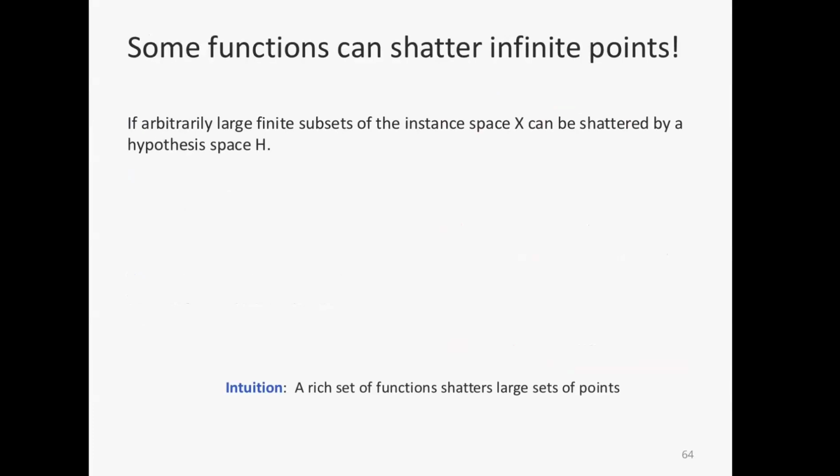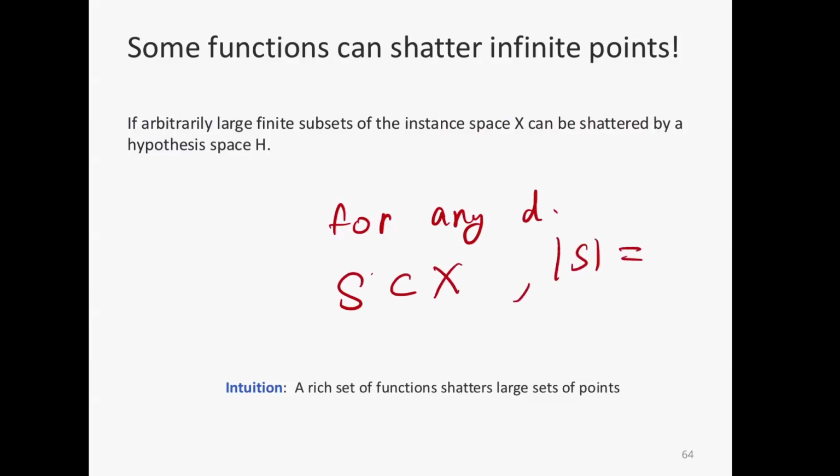But what that means is for any D, if I pick a set S that is a subset of the instance space X such that the size of S is D, that's just another way of saying I sample a finite D number of instances, then there are function classes that can match any labeling of those D points.